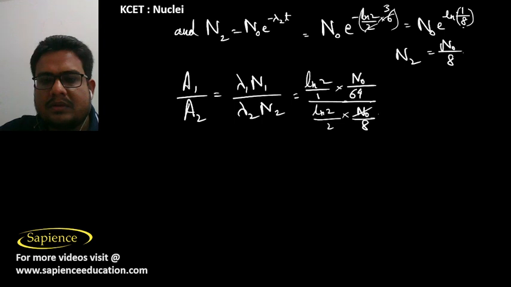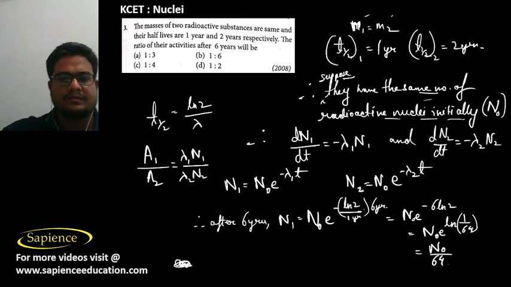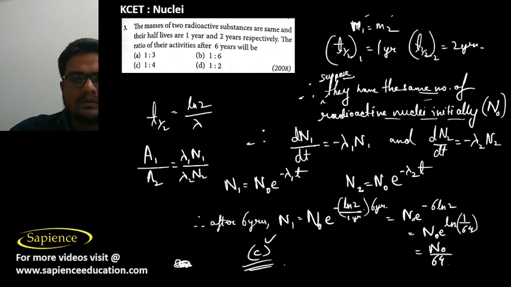So N0 and ln2 will cancel out. So this is 1 by 64 into 2 into 8, which is 16 by 64. So this is 1 by 4, that is 1 is to 4. So option C is the correct answer.